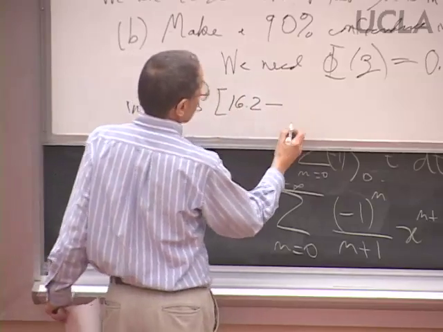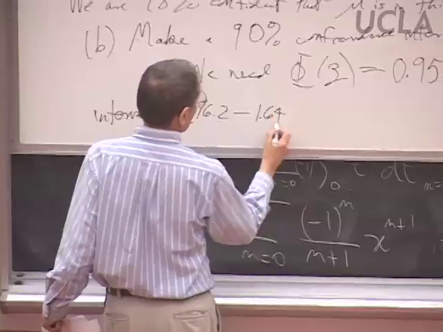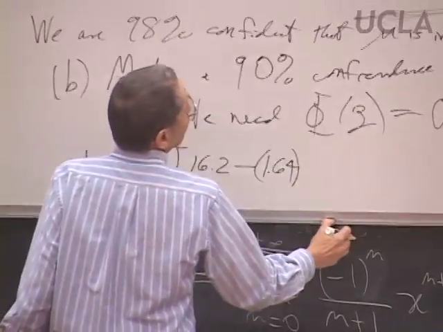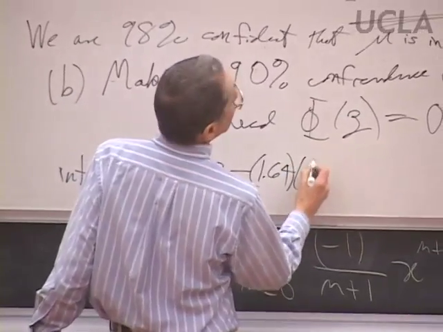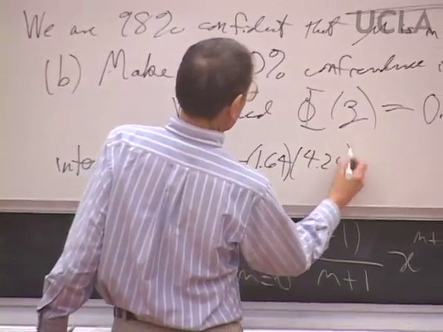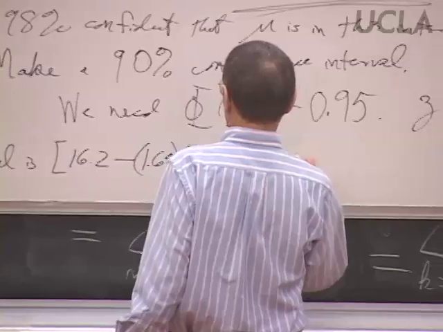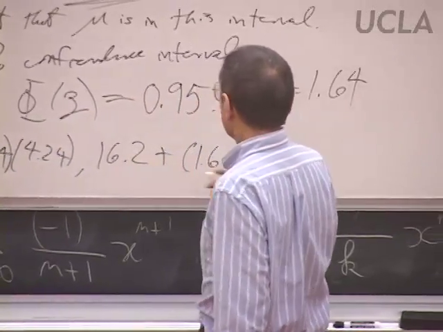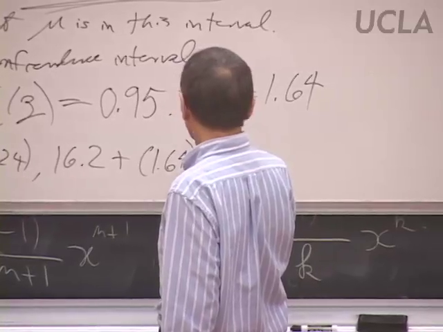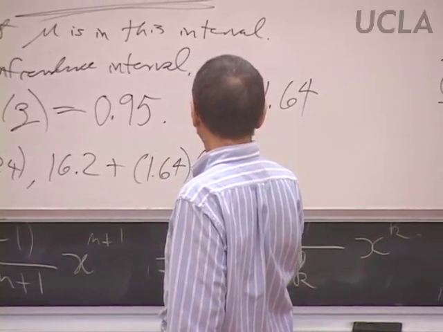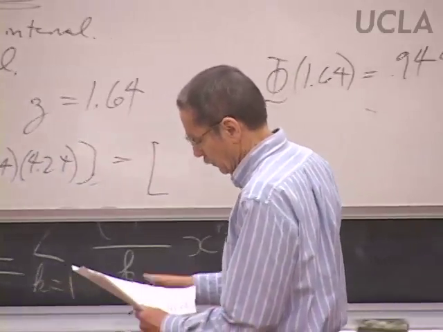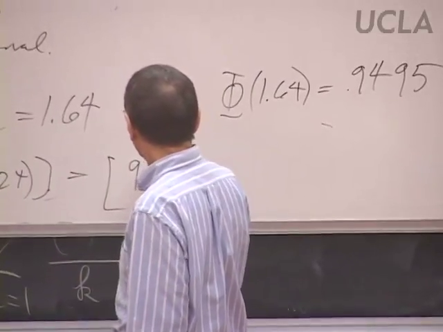16.2 minus, okay, our z-value, we have 1.64 standard errors. Sample mean plus that same number of standard errors. So we do the arithmetic.